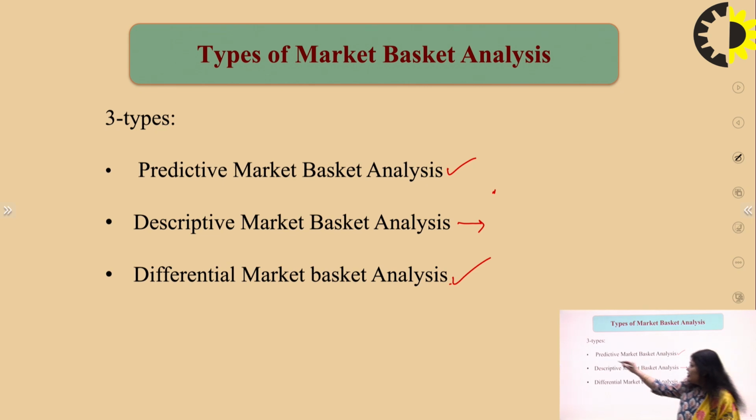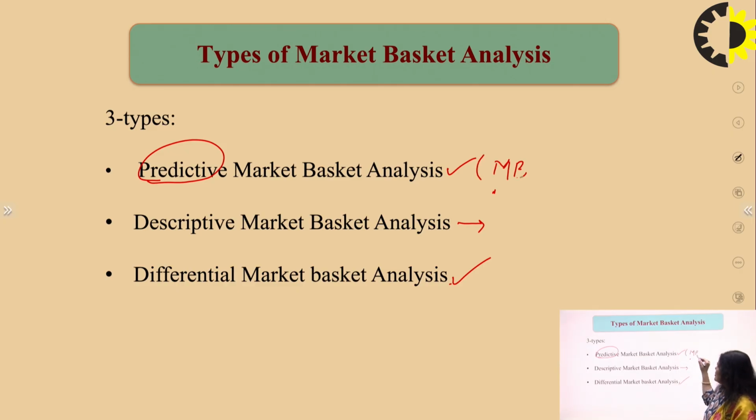As the name suggests, in predictive market basket analysis, or MBA as a shorter term, we try to predict the future sales or the future purchases of the targeted customers.